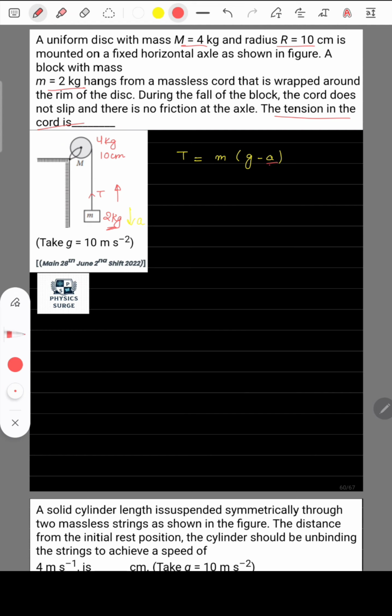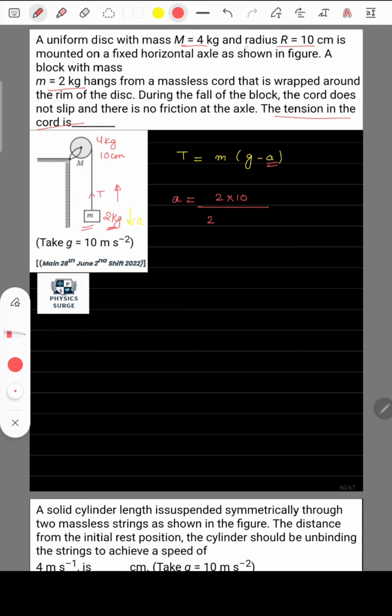So if we know the value of a, we can calculate the tension, and the acceleration can be written from the above formula that we have already discussed. That is, the unbalanced force here is nothing but 2 into 10 upon translational mass. Translational mass is only of this block, hence 2, plus rotational mass.